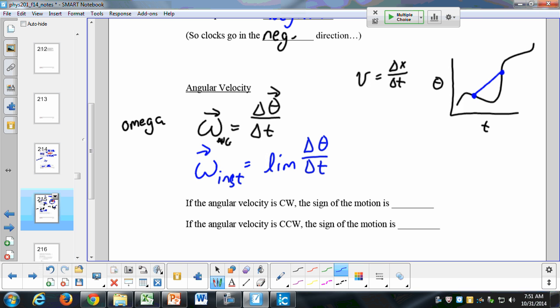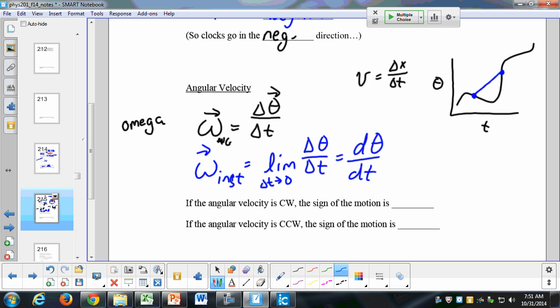So we're going to let delta t get really, really small, let it approach 0. And that, of course, is the definition of a what? That limit as your denominator goes to 0. No, think Calc 1. It's the definition of what? The derivative, yeah. So it's the same as d theta dt.